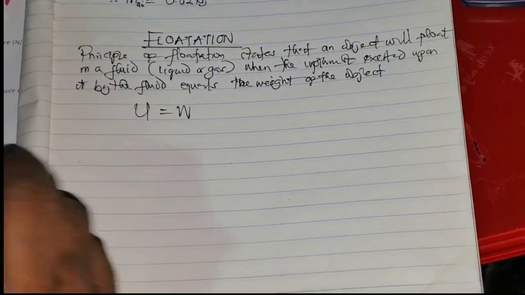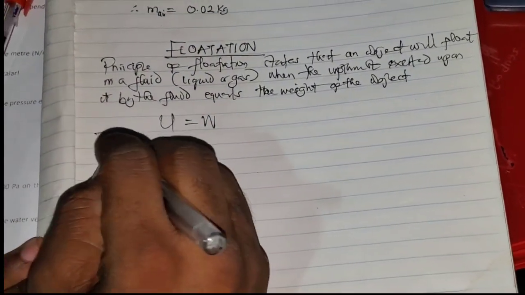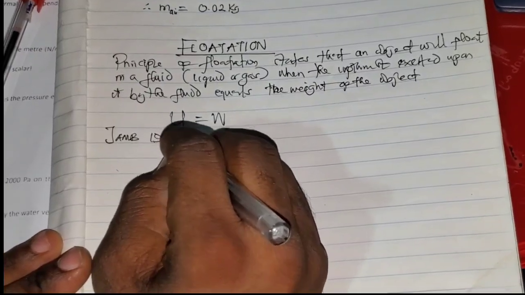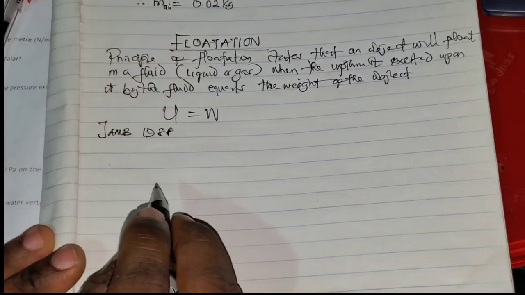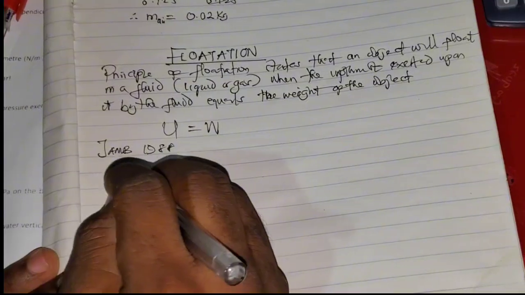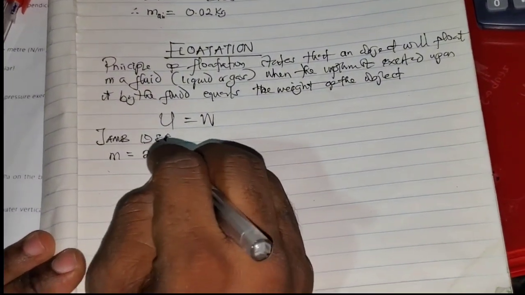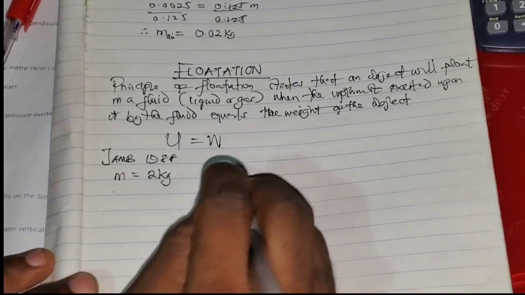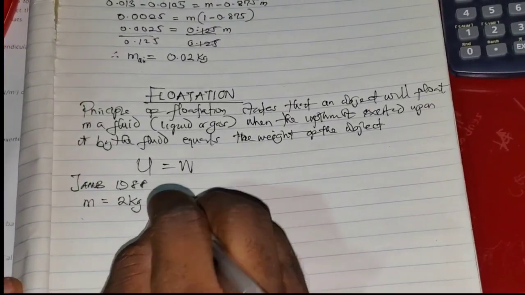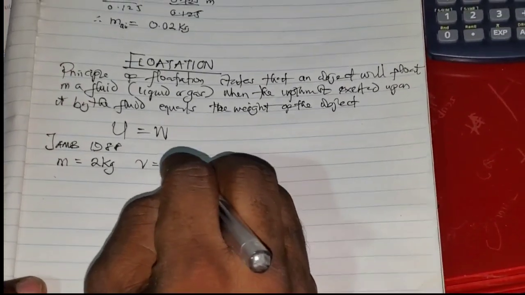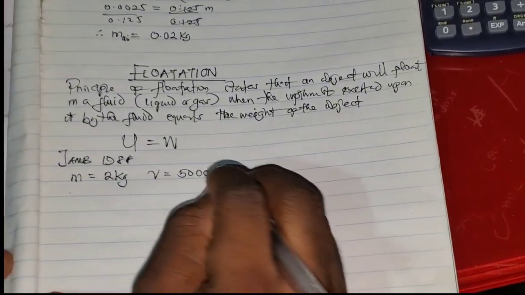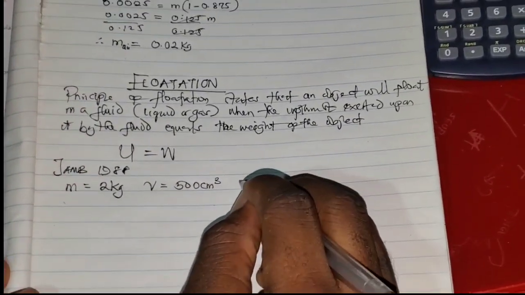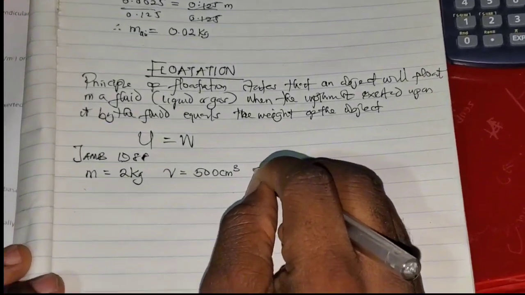Let's take an example from JAMB. This is the JAMB question 1988, and it says that a body whose mass is 2 kg and has a volume of 500 centimeter cube, V equals 500 centimeter cube, just floats when completely immersed in a liquid.